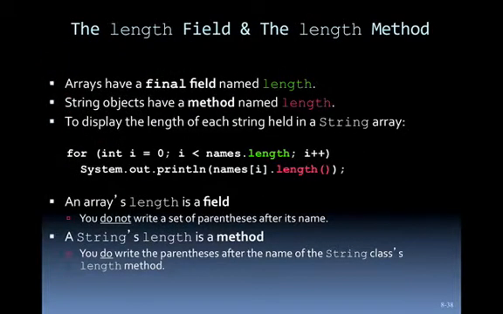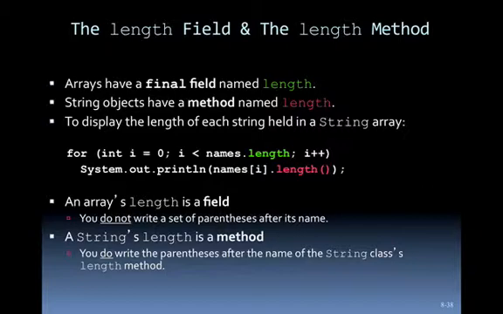We have to keep in mind when we're dealing with strings that arrays have a field named length and strings have a method named length. And so if you want the length of a string in a spot on the array, what you would do is similar to the System.out code that you see here. Keep in mind that the array's length field is a data field.